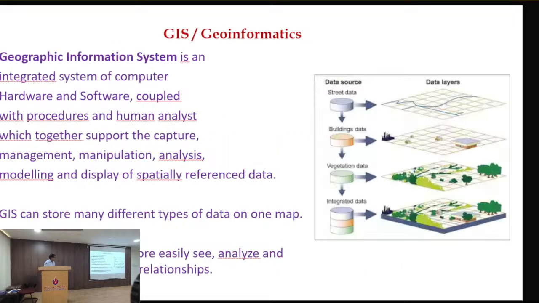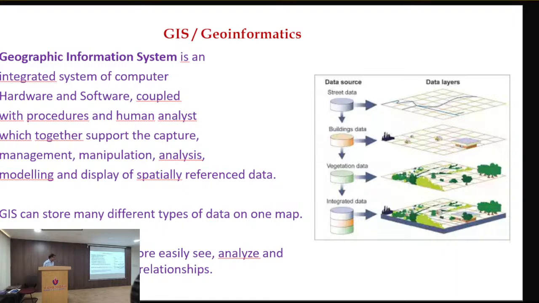Now, I think these details will come very easily to you. Yesterday we had a lecture on GIS, I think, yeah? So they told you what is GIS, what is remote sensing, what is GPS, right?